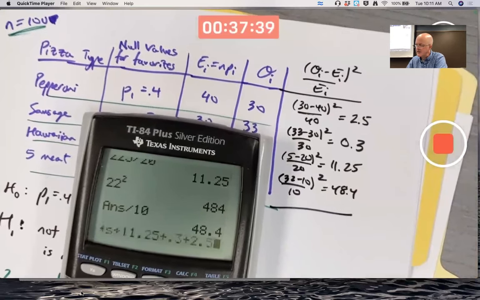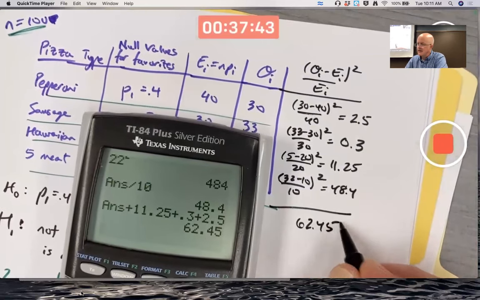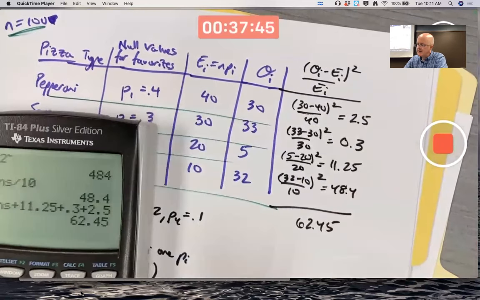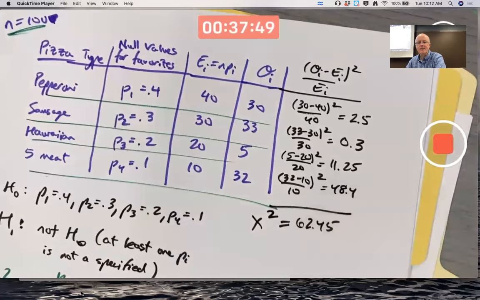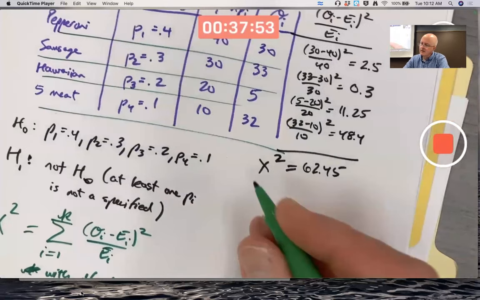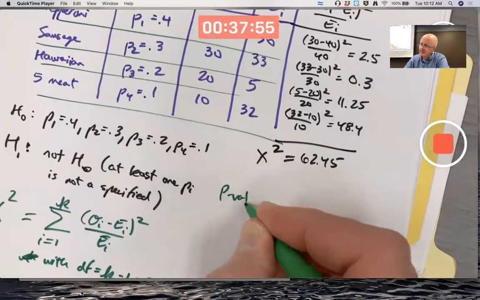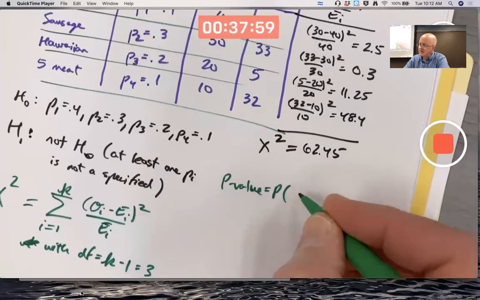Now the number of degrees of freedom is certainly going to affect the p-value. 62.45 is the observed value of chi-squared for these data. What is the p-value? The p-value is the probability of observing a test statistic as extreme or more extreme.